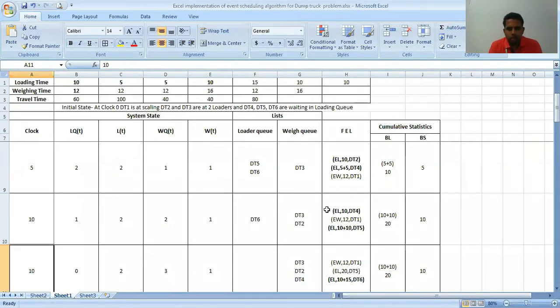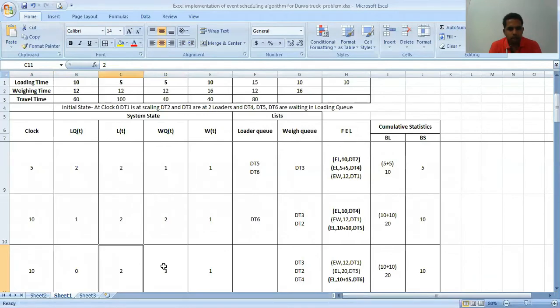Next imminent event is EL, 10, DT4. Therefore, the clock remains at 10 and we are going to decrement LQT by 1 as one of the loaders has gone free. That's the reason L of t remains 2 and WQT will be incremented by 1, as the loader is releasing one of the dump trucks.